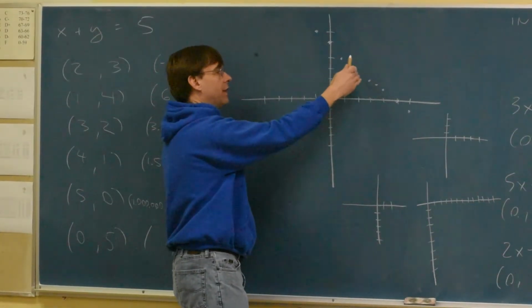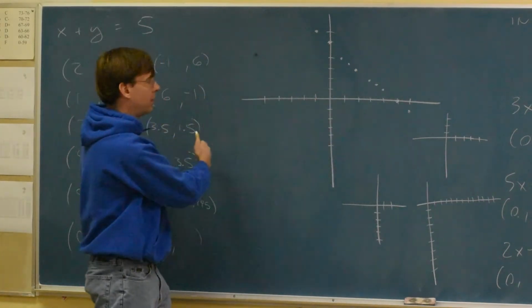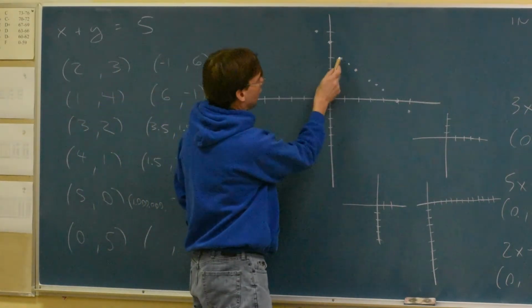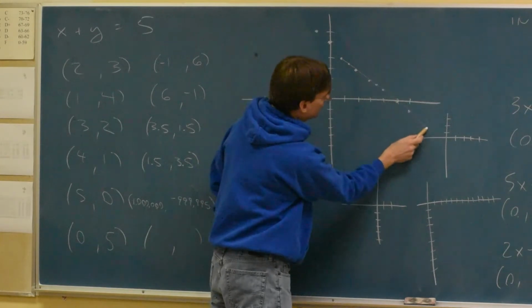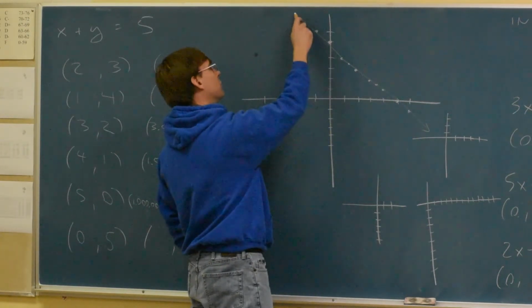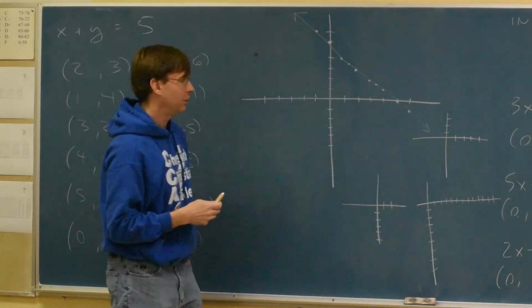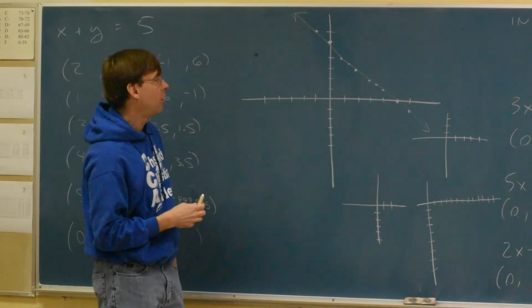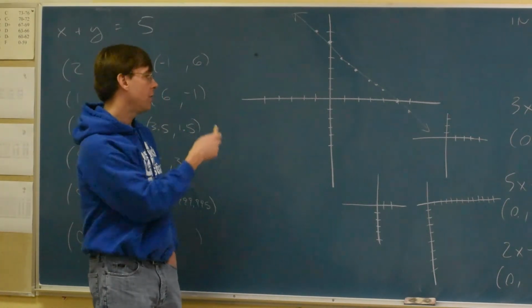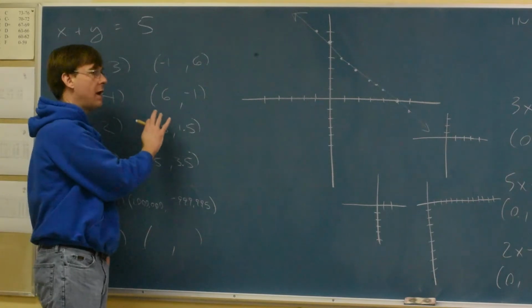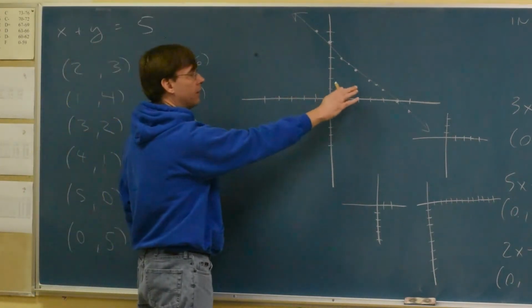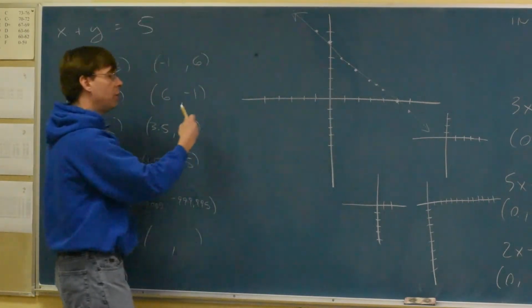And anything on this line would be something that you could name me. So if I drew a line that connected all those dots, every ordered pair we could create from our mind would be on that line. And again, everything on the line would be an ordered pair.